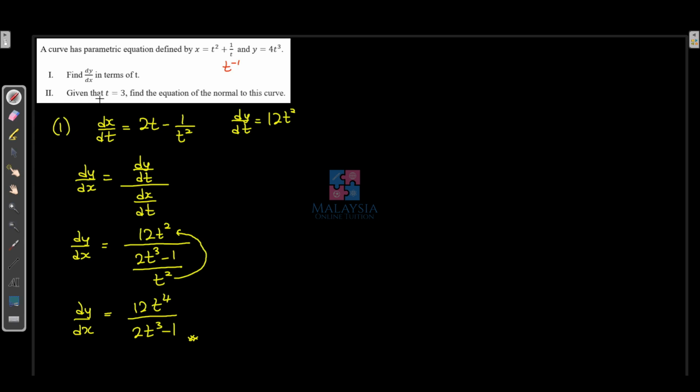Next, for part 2, given that t equals 3, find the equation of the normal to this curve. So when they give the value of t to be equal to 3, we can first find the gradient of tangent. So when t equals 3, the gradient of tangent, meaning our dy dx changes to mt, equals 12 times 3 to the power of 4 over 2 times 3 to the power of 3 minus 1.